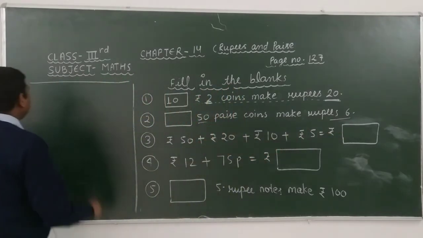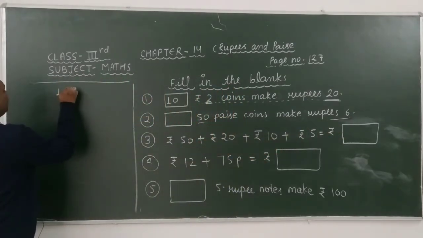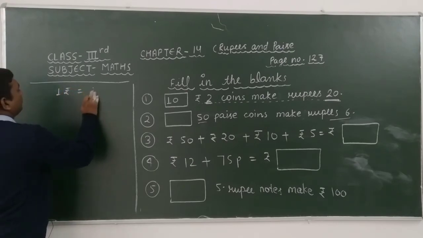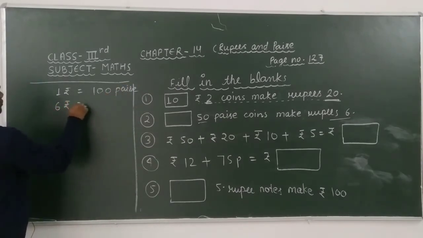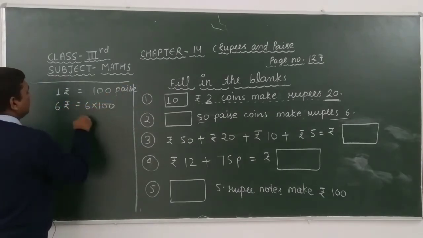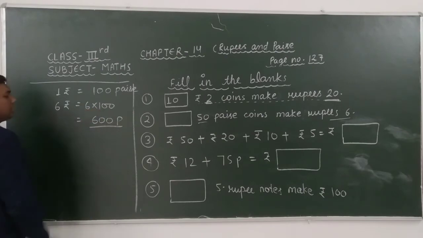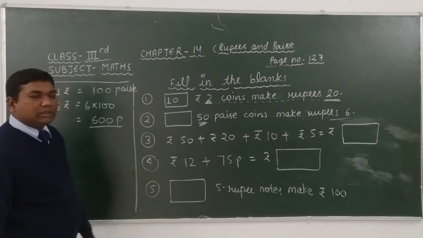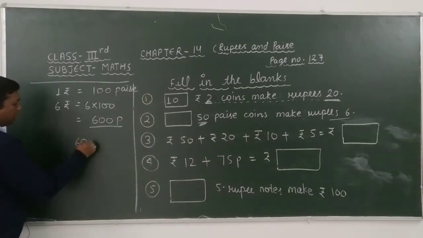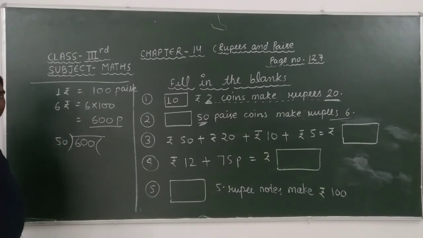We know that 1 rupee is equal to 100 paise, then 6 rupees is equal to 6 into 100, it means that 600 paise. And here 50 paise is given, therefore we have to divide 600 paise by 50.